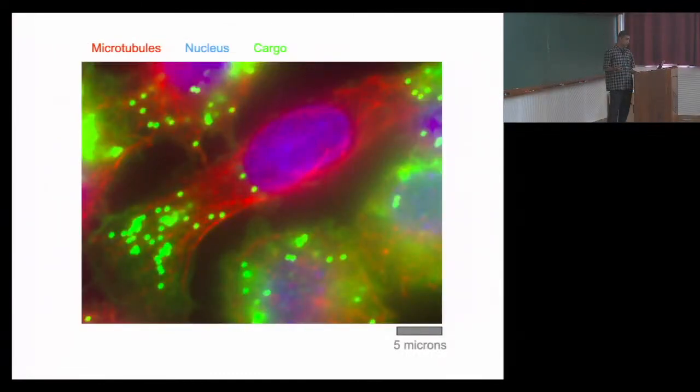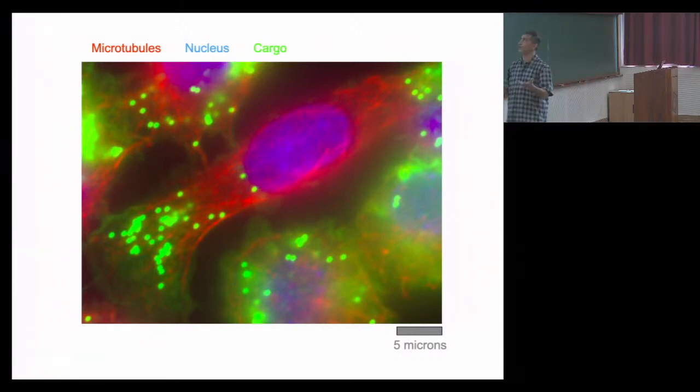Here is, for example, what we have done in this fluorescence image. Here is the scale bar. We have taken a macrophage cell, which is a part of your innate immunity.